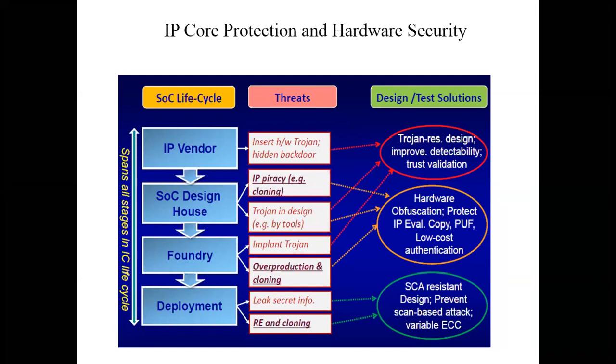In that case, the deployment of hardware obfuscation or PUF or low-cost authentication methods could be useful. Again, at the foundry stage, it's possible that the foundry vendor is untrustworthy, and as a result there could be a possibility of a hidden covert implanted Trojan, which could also be used for overproduction and cloning purposes. Again, obfuscation can come to the rescue here.